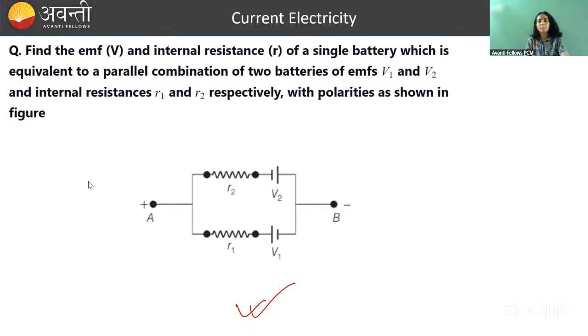Look how to do it. Simple, you can see they are in parallel, right? These are two batteries, they are in parallel. We have to simply write the EMF and internal resistance of a single battery. We have learned the formula, right? If the battery looks like this, let me draw it.